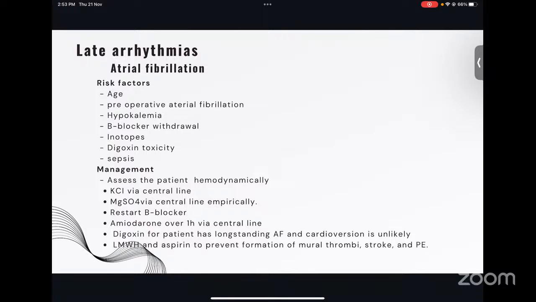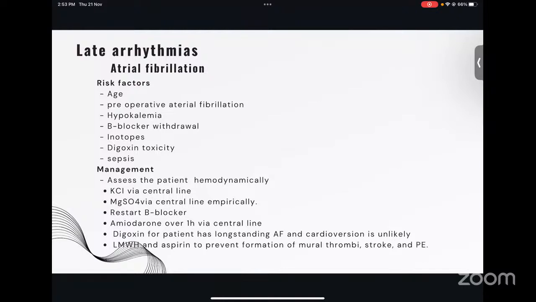Treat empirically with magnesium sulfate through the central line, and restart the beta blocker if it has been stopped. Even if the blood pressure is high, give amiodarone over 1 hour through the central line, followed by an oral dose.